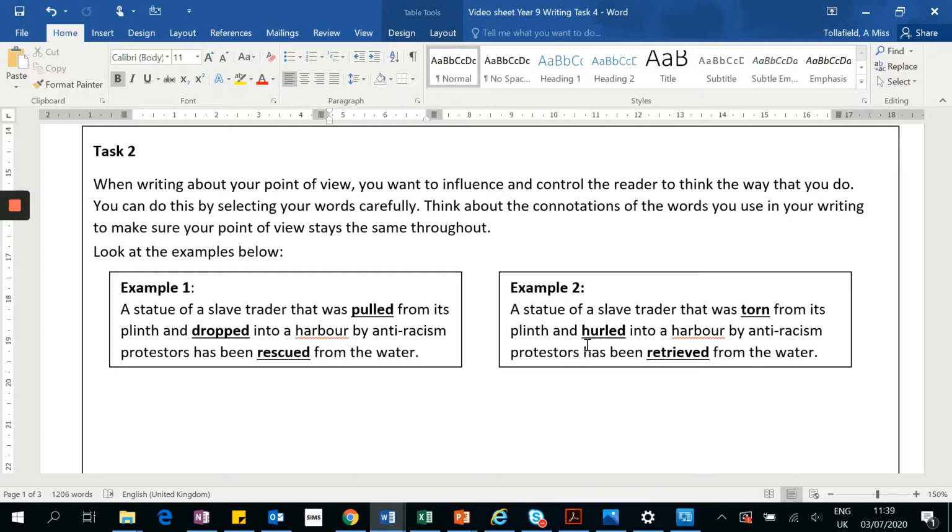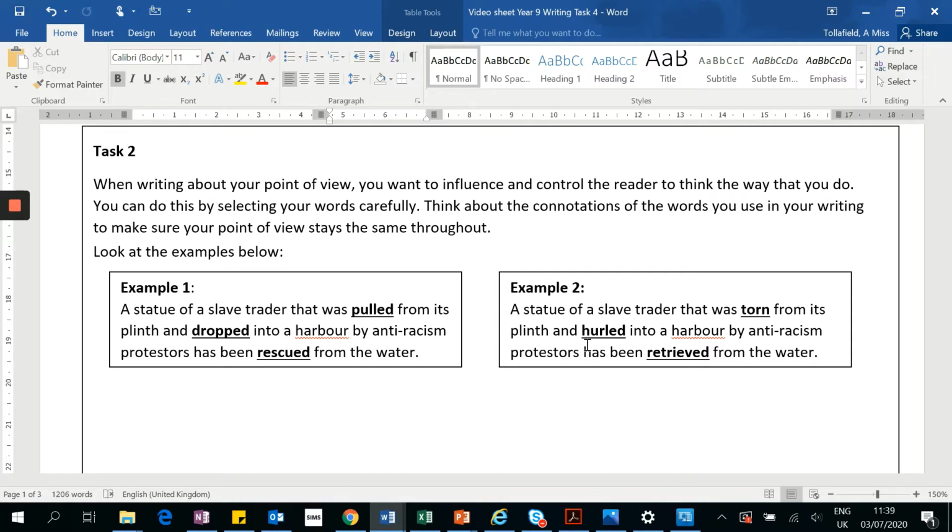If we think back to the task last week when we compared the headlines in the Daily Mail and the Daily Mirror, the same event was described as being lawless and reckless, and then it was described as being a march for change. Depending then on which newspaper you may have bought, your thoughts on those events will have been influenced by the language that the newspaper used, and this is really quite powerful. We want to be able to achieve the same results as the media can, but within our own writing.